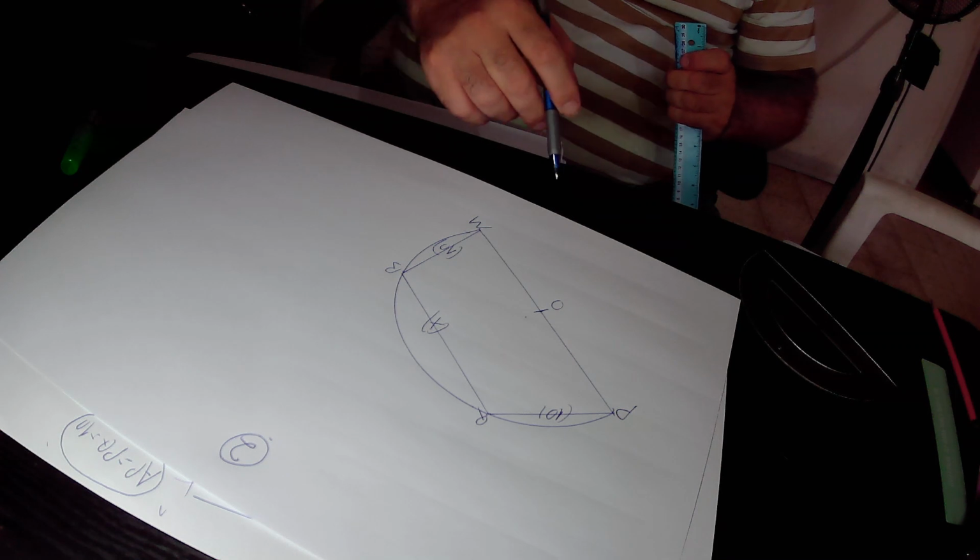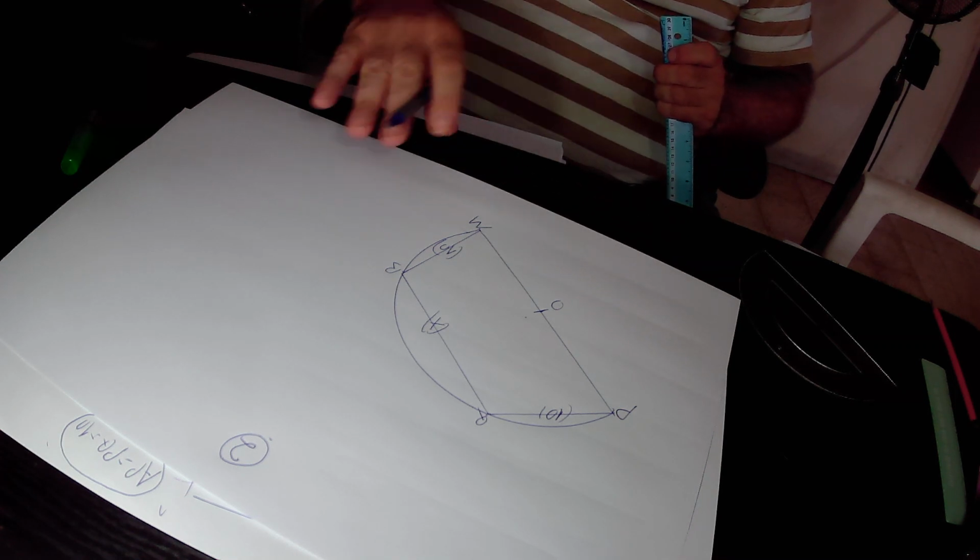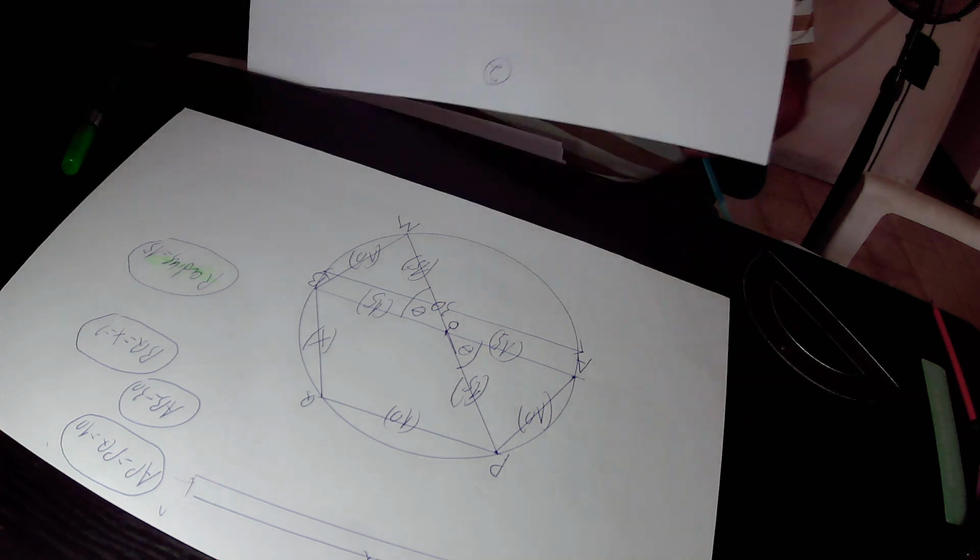So actually, this is the semicircle with the diameter PM that I copied from the original drawing.